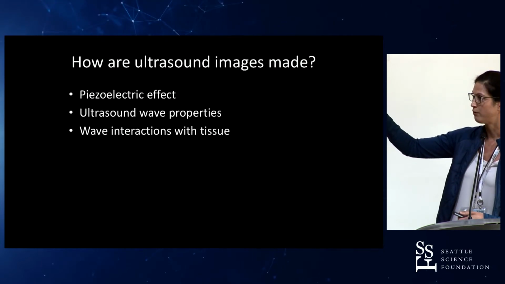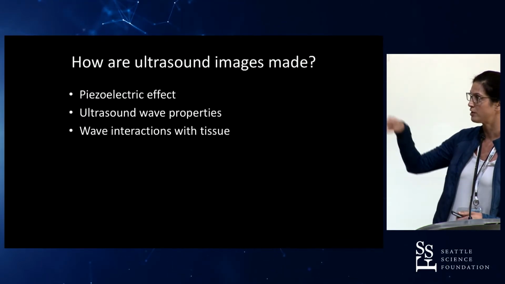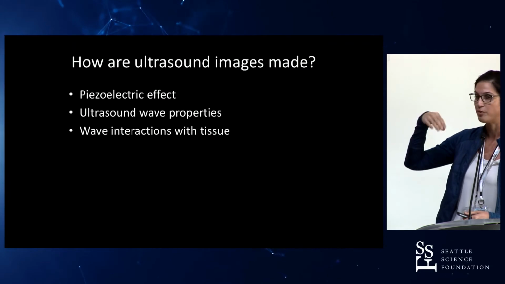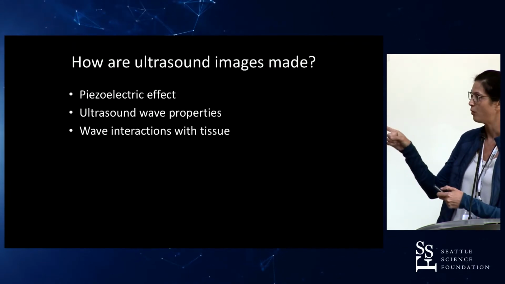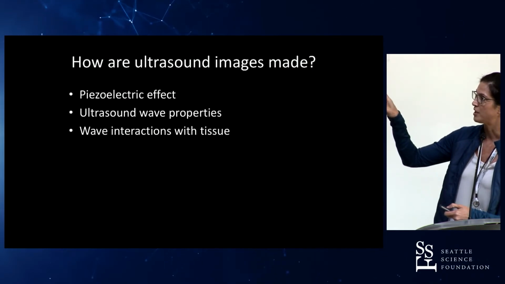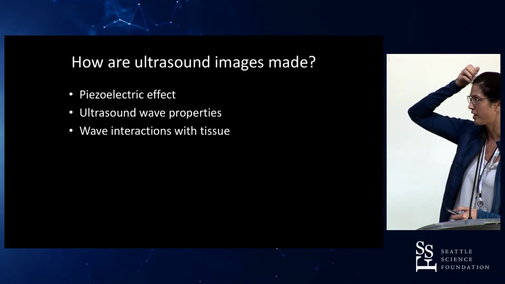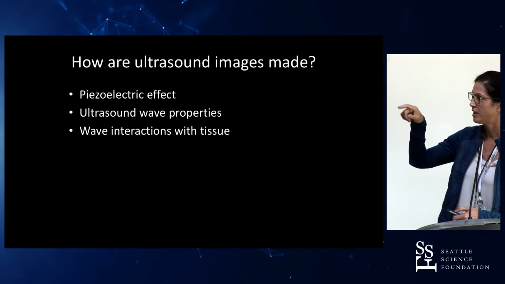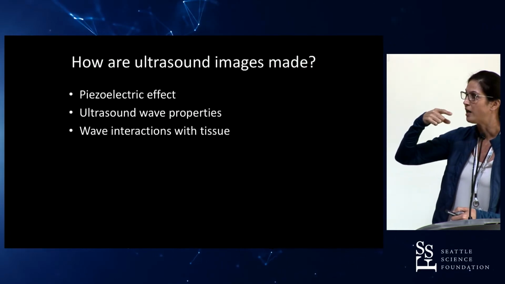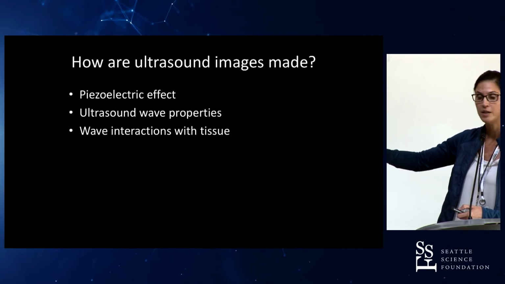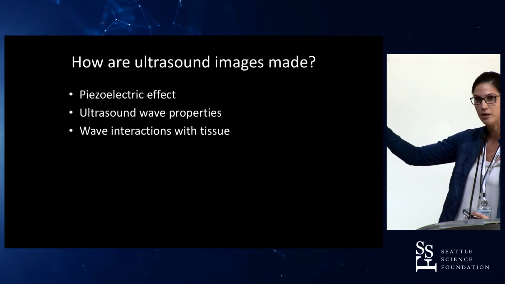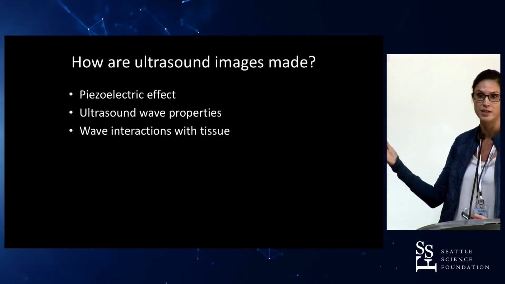Echoes that return from the fetus's skin surface and from bone are mapped variably depending on the amplitude of the wave that's returned. You can see bone, like this frontal calvarium, is very bright. The hard palate is so bright that it actually blocks all the sound waves behind it. So one of ultrasound's limitations is that it really can't go through dense bone.